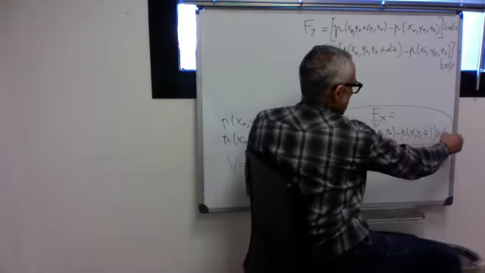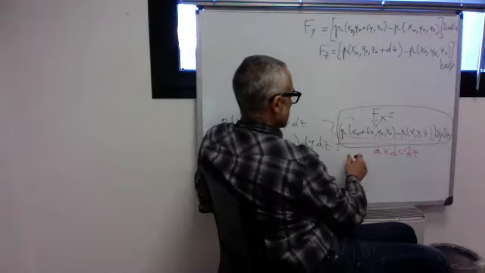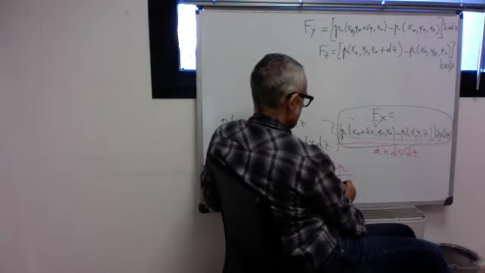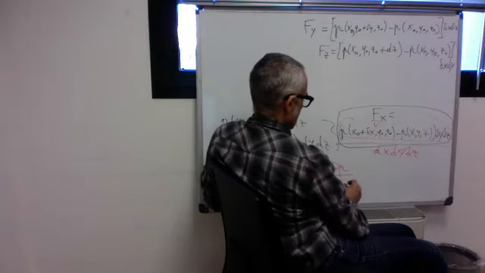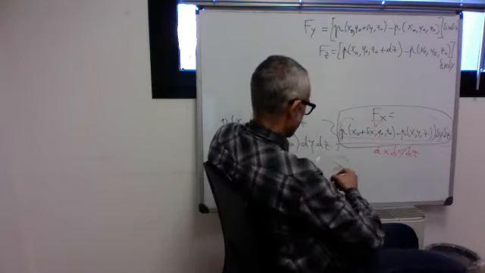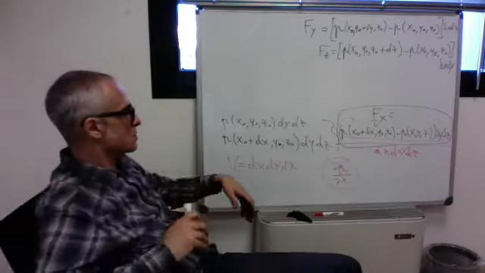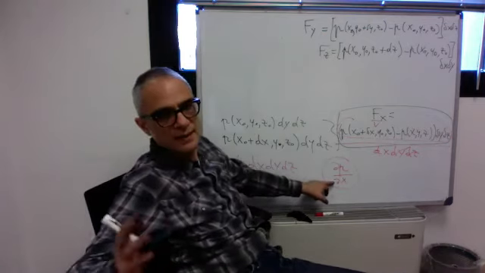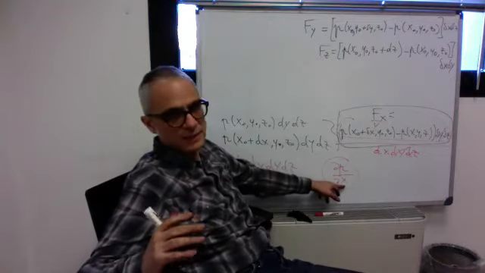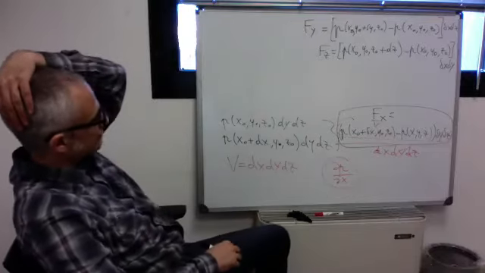The y and the z cancel out, so I'm left with the definition of the partial derivative of p at x0, y0, z0 with respect to x. Remember, we can make this parcel as small as we want, so we can be as close as we want to the limit where dx goes to 0.